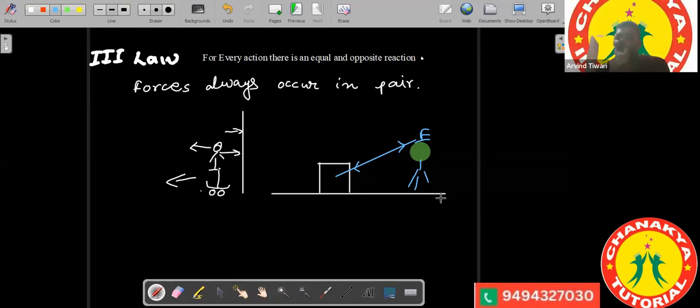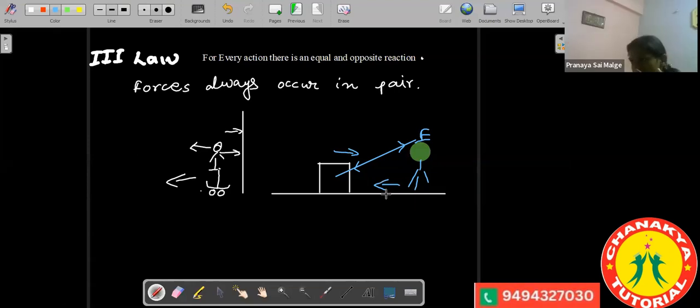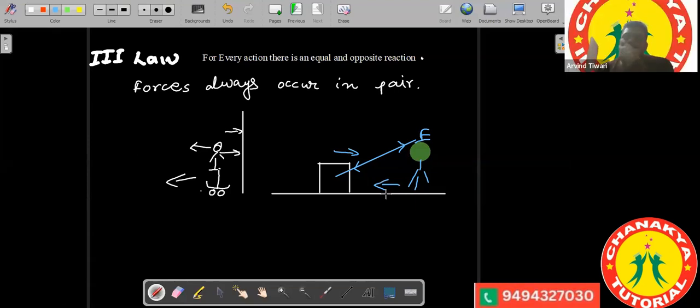Let this surface be made up of ice, and you are pulling this. So the block will move towards you, and you will also move towards the block. It will happen. So it's correct to say that the block also pulls us.